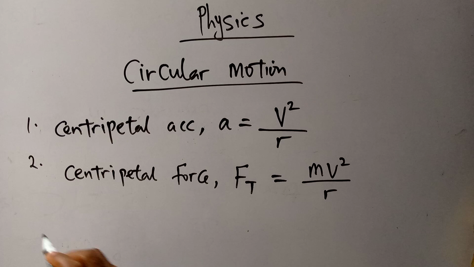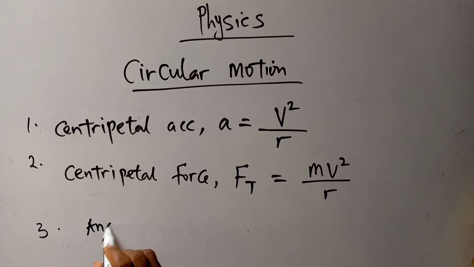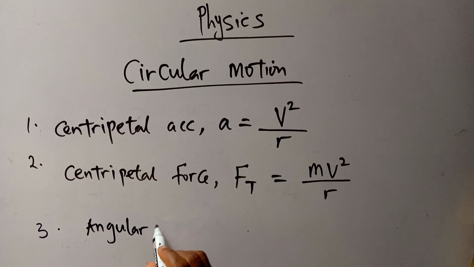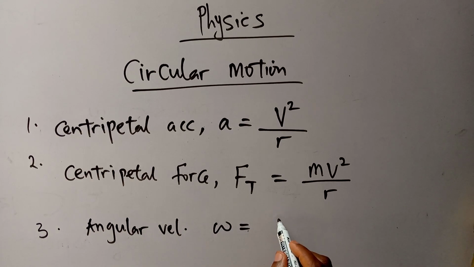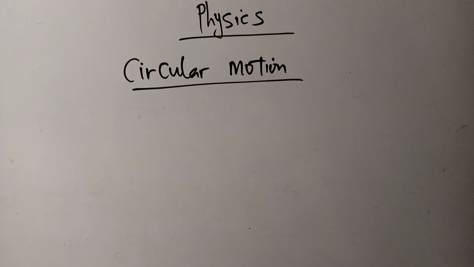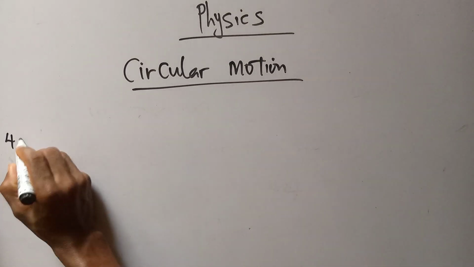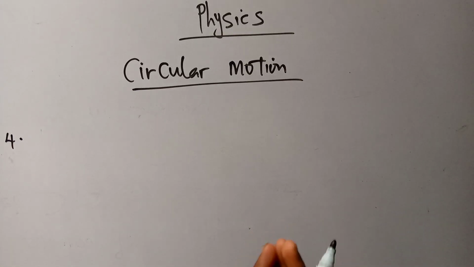The third formula here we're going to look at is angular velocity. Angular velocity is equal to the angle turned through divided by the elapsed time. The fourth formula is the relationship between the linear speed and the angular velocity.